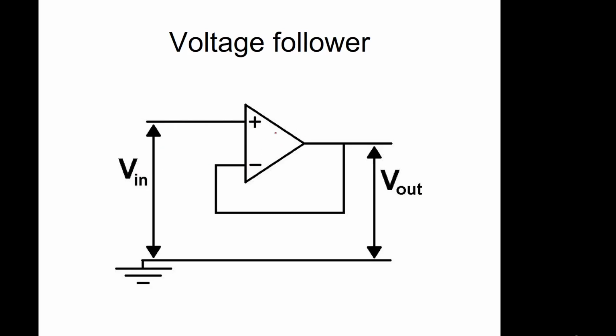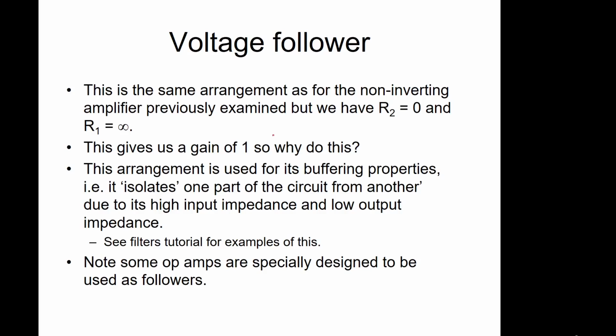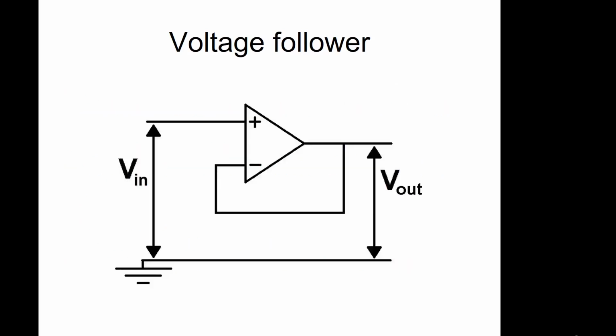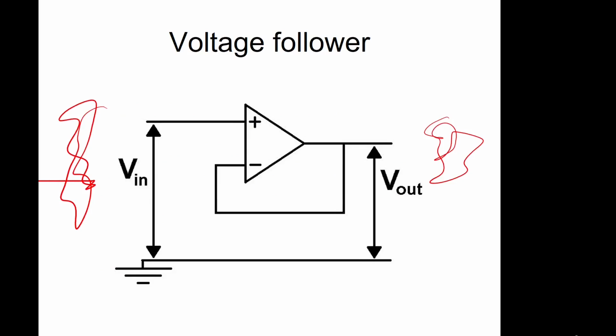Now there doesn't seem to be much point in a circuit like this, but what it does is decouple the output from the input. If you have a circuit on this side, and a circuit over here, then you're essentially splitting these circuits up. So characteristics of this circuit do not affect characteristics of this circuit.